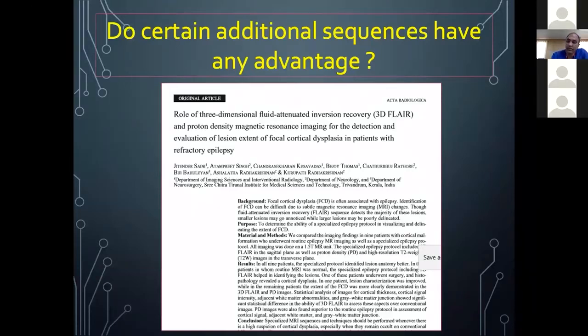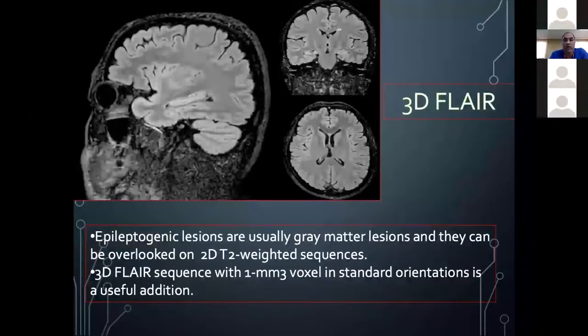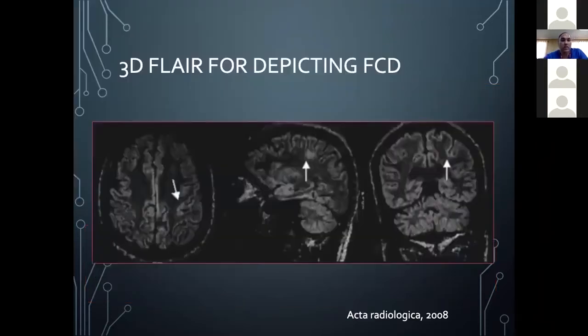In this particular study we tried showing that it's important to do a 3D FLAIR because we can identify the lesions much better, and you can do multiplanar reconstructions using this. This is a 1.5T scanner, very old images, but you can still see how nicely this particular sequence depicts the lesions. And this is a focal cortical dysplasia.